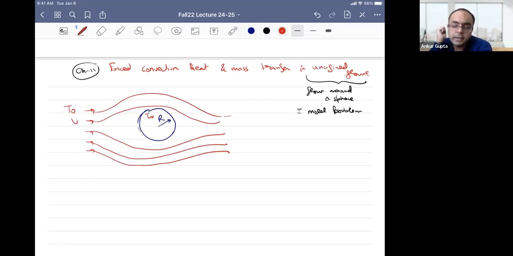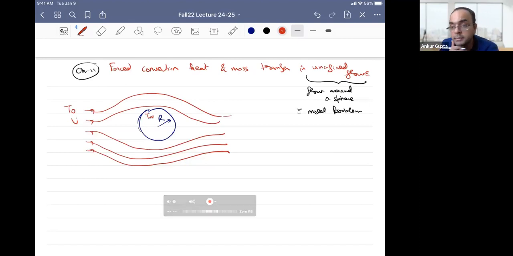So you can think of a heated ball essentially. You have a heated ball lying around and flow is coming through it. The air flow is at T naught. If the ball is hot, it will heat up the air. If the ball is cold, it will cool the air. So it can have that kind of heat transfer.